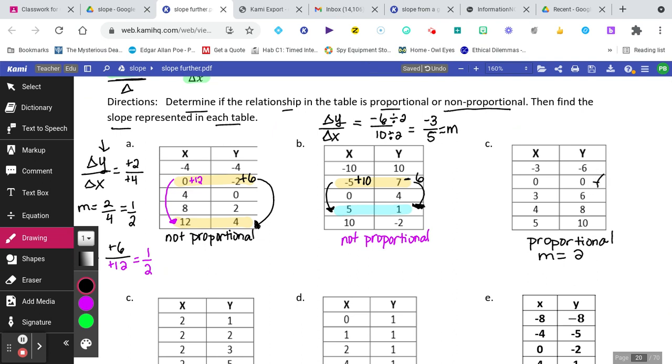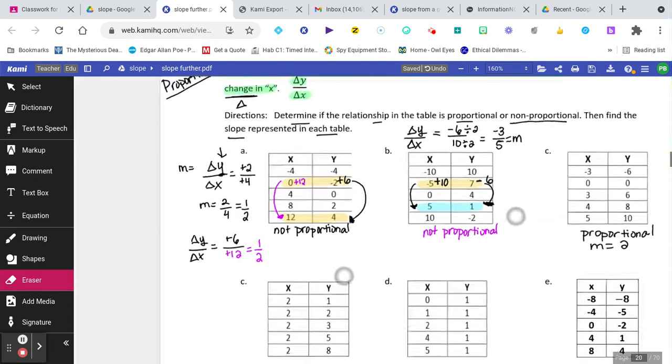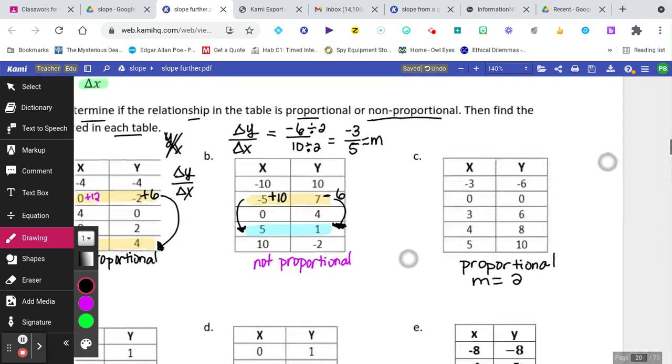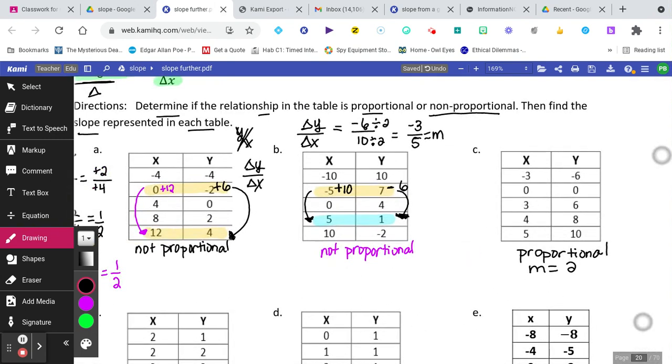So I can already tell you that on A and B, you cannot take just any y and divide it by an x. You must use the change of y and the change in x formula for A and B. But let's see on C if it works the other way around. If I can take y and divide it by x, if it's proportional, will this also work?